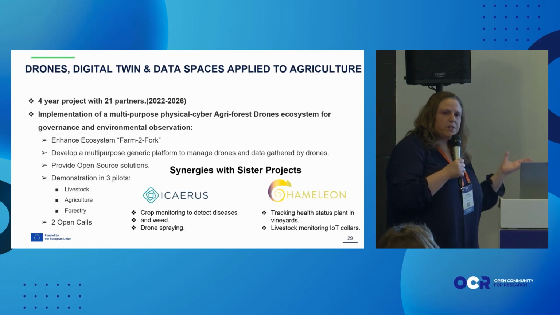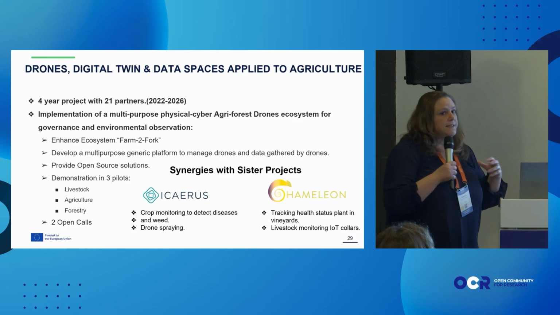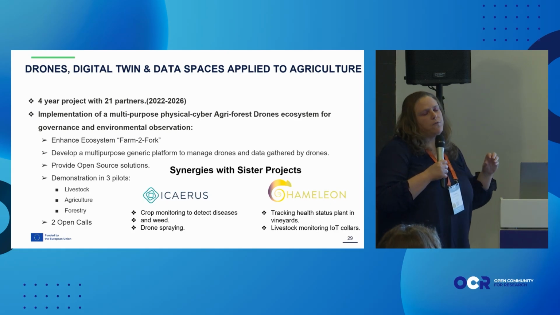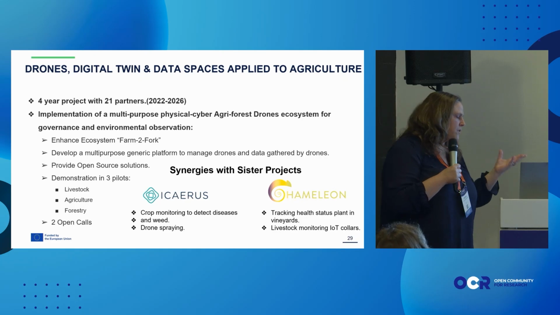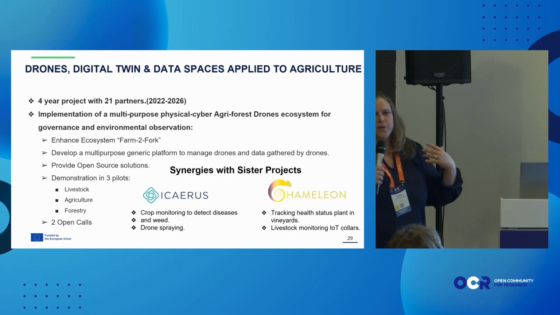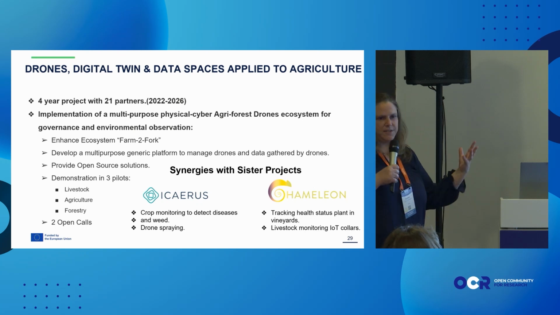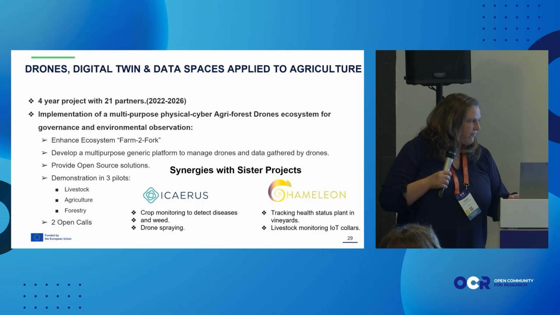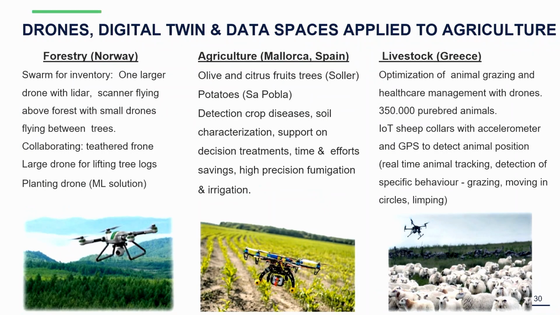Most of all on crop monitoring, to detect diseases, to track the health of a plant, and also for tracking different animals, livestock, and of course, we can say the star of it, drone spraying in agriculture, which is something that every cooperative or every farmer wants to use. I know, because I come from the rural zone.